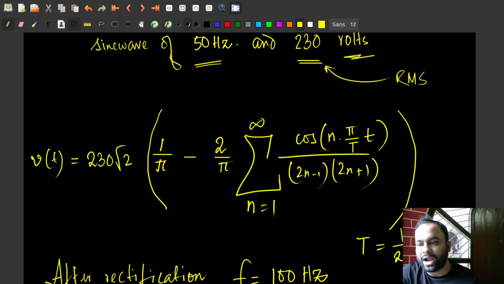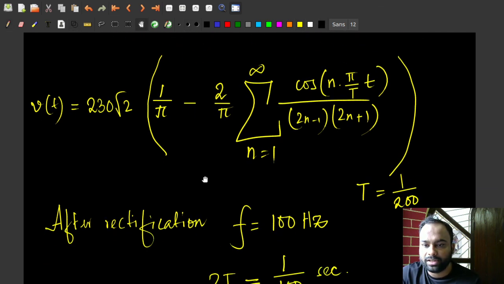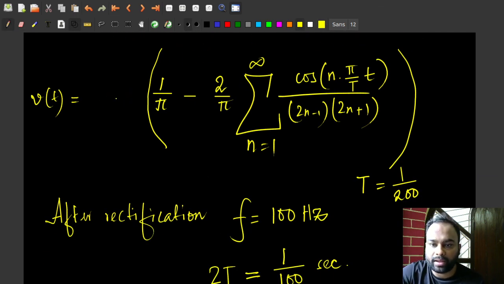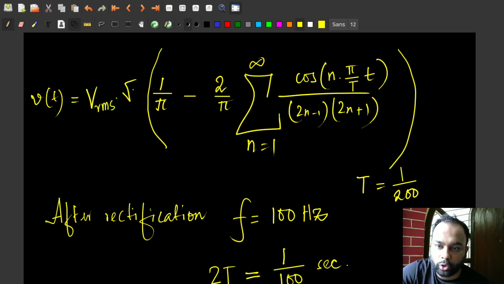So if you put 1 by 200 in that, we will get the expression. This is going to be V RMS into root 2.